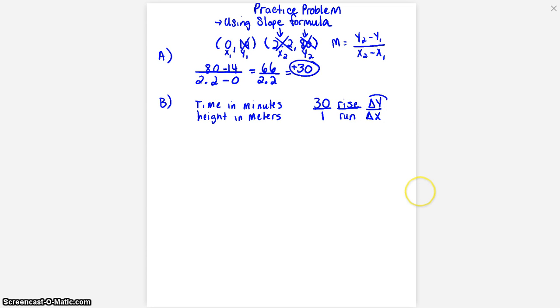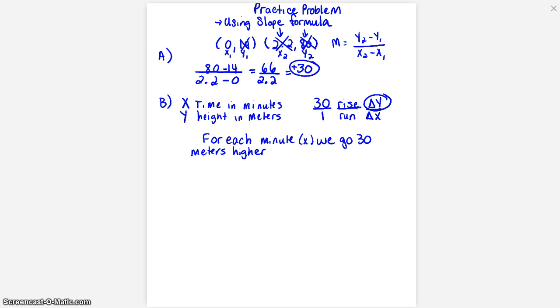So the change in y is our height. So for every minute we rise 30 meters. So for each x minute, we go 30 meters higher. So for every x, how many y do we go, right?